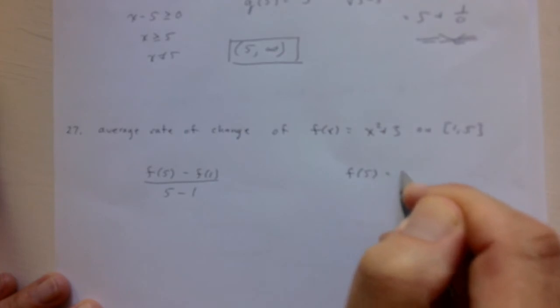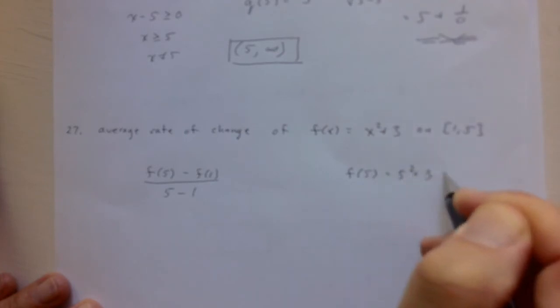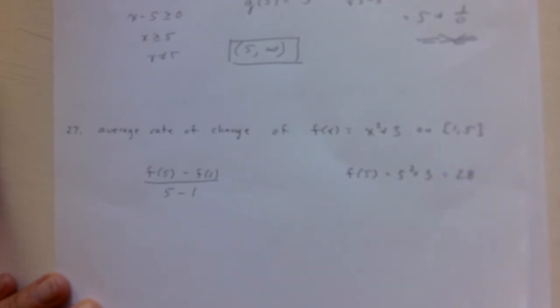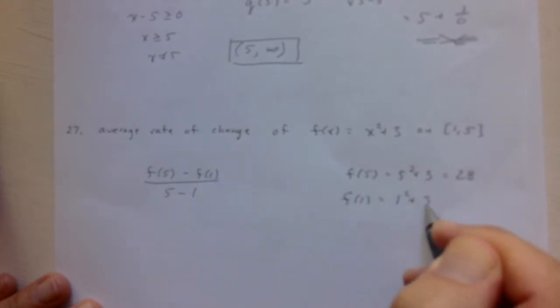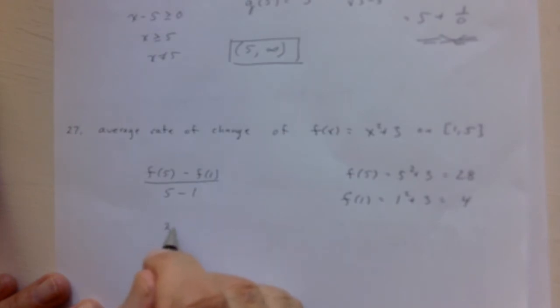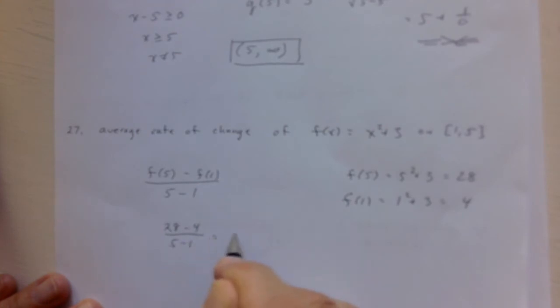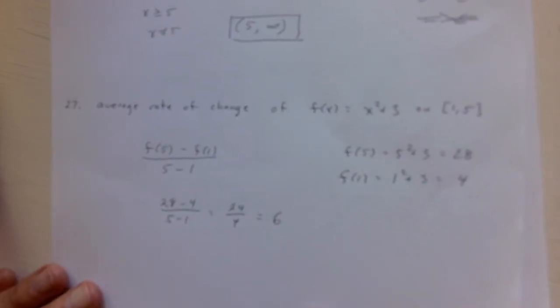F of 5 is going to be 5 squared plus 3, or 28. F of 1 is 1 squared plus 3, that's 4. So this is 28 minus 4 over 5 minus 1, which is 24 over 4, which is 6.